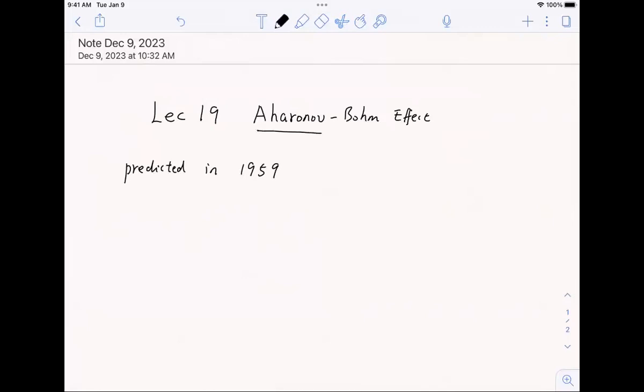For a long time I didn't know how to pronounce it properly until this morning, when I checked it. It's pronounced Aharonov-Bohm effect.